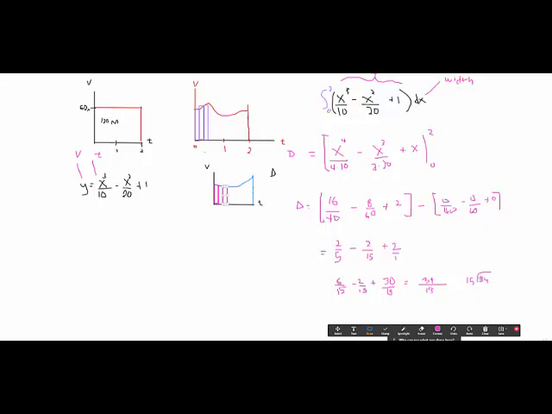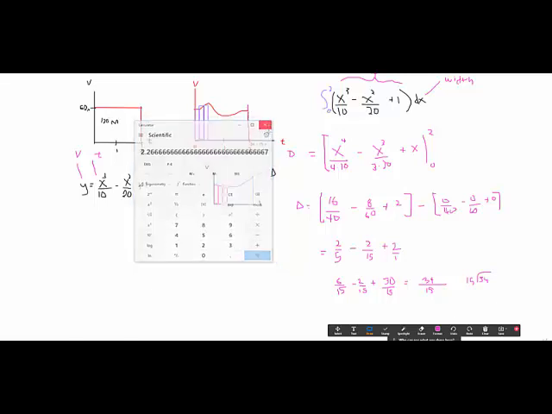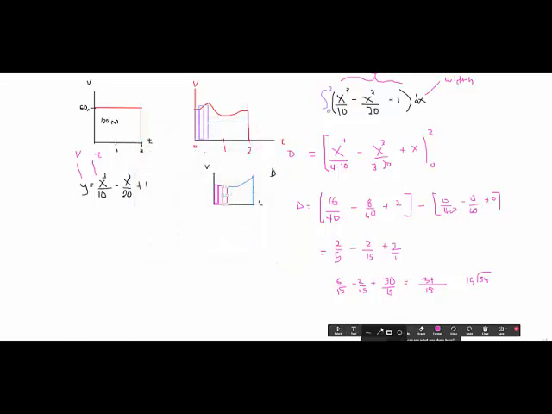So what I have here is 34 divided by 15. Yeah, I can do long division by hand, but I'm going to cheat. I'm going to say 34 divided by 15. And that equals 2.2666666 forever.